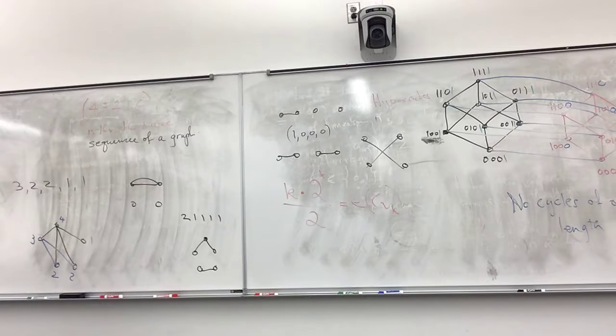All of these have been non-increasing sequences of non-negative integers. It's good we have non-negative integers because we don't want any degrees negative. So we have to meet condition I, and then we have to meet condition II for each k from 1 to n. So that's a lot of conditions. We'll come back to that.